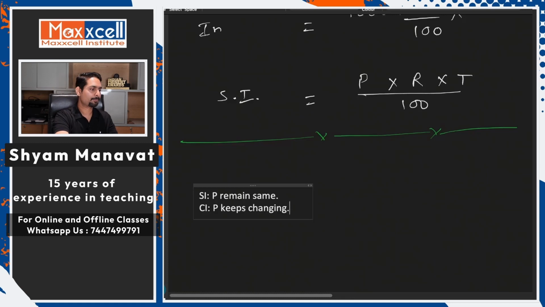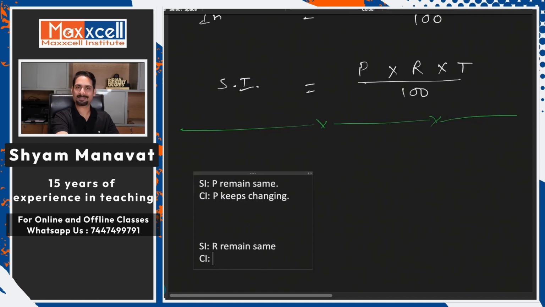For simple interest, we say rate of interest remains the same, and that's true for compound interest also. Rate of interest is always the same.